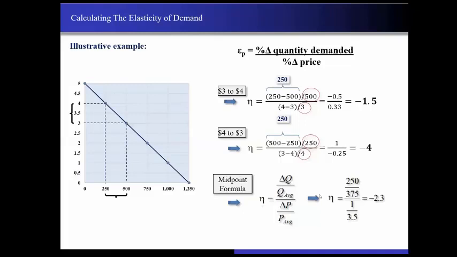That's what this formula will do. And so the elasticity between these 2 points, we're going to say is -2.3. Okay, and just in words, what does that mean? Well, if we increase the price by whatever this is in terms of a percent, it will change the quantity demanded by 2.3 times that amount.